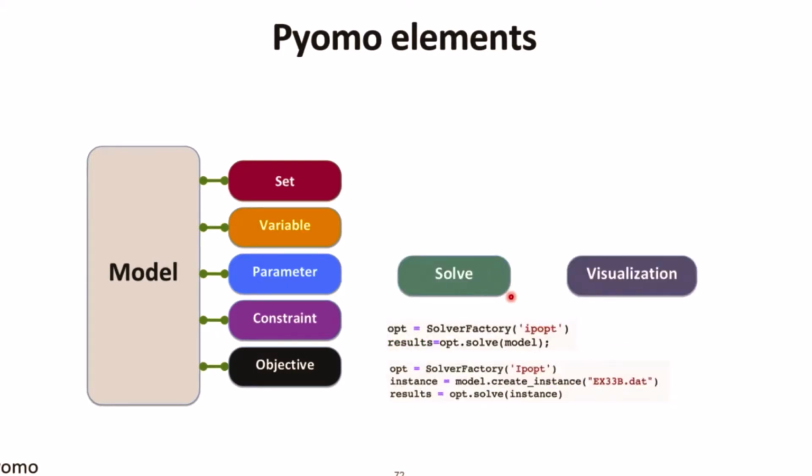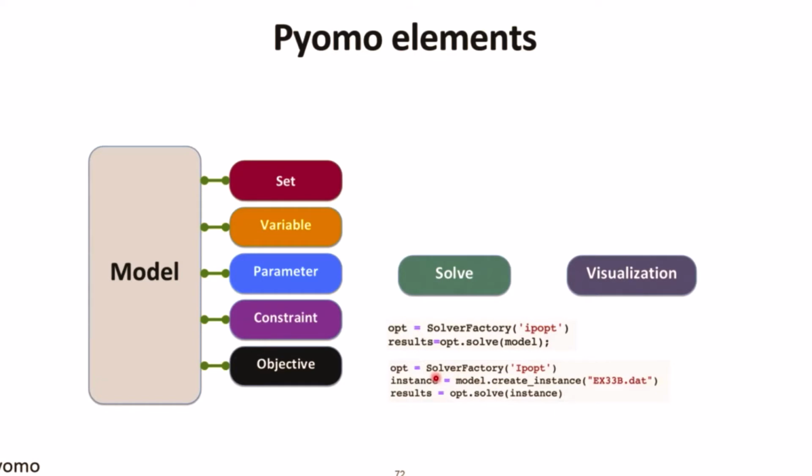And the solve statement is very important. As I already explained, the solve statement is asking Pyomo to solve the model. If it's a concrete model, you have to choose a solver and ask Pyomo to solve the model. But if it's an abstract model, after choosing the right solver, you have to create an instance.